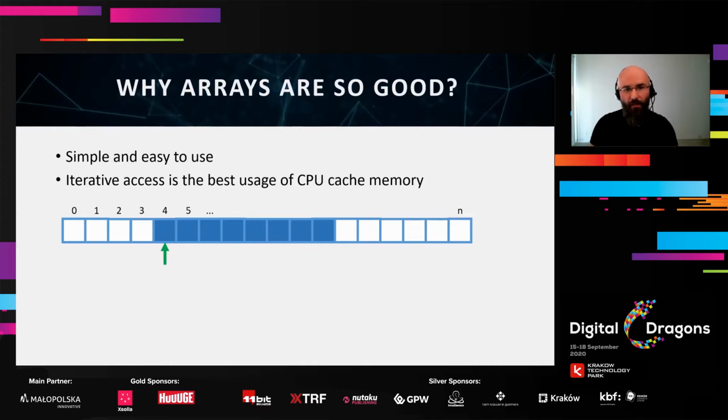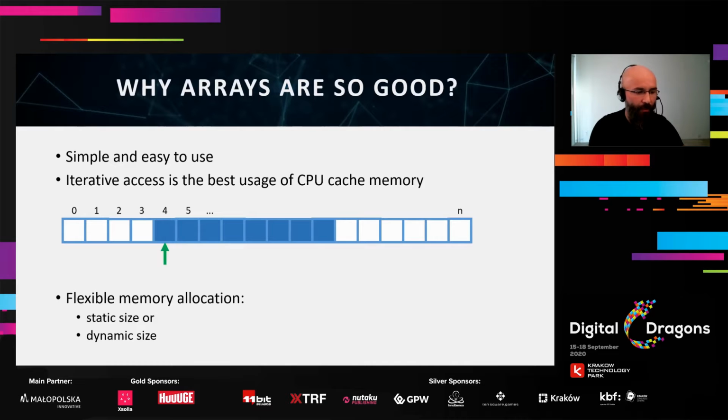It means that the elements after the 4th element will be loaded much faster, and we can access them way faster than randomly choosing different areas in memory. So it gives us the best usage of CPU cache memory. Also, arrays are very flexible from the memory allocation point of view. We can have static size or dynamic size.